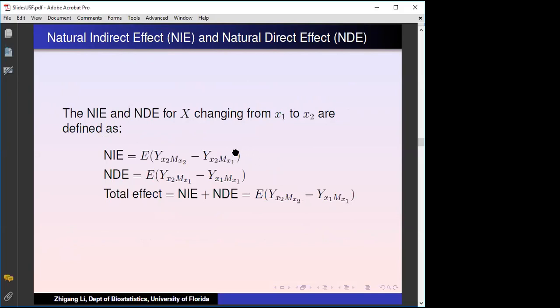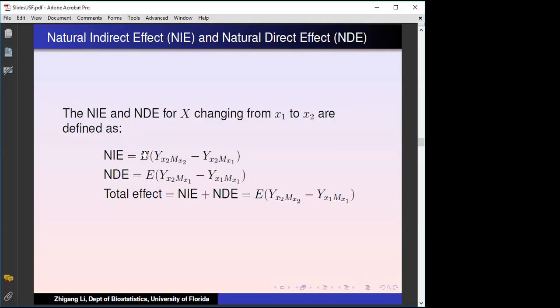In the IKT paper, they defined the mediation effect for both the treatment group and the control group. So they have two mediation effects, but the mediation effect defined for the treatment group is the same as the natural indirect effect defined in Vanderbilt's paper. So I will just use Vanderbilt's definition.